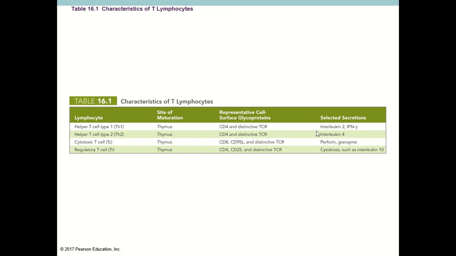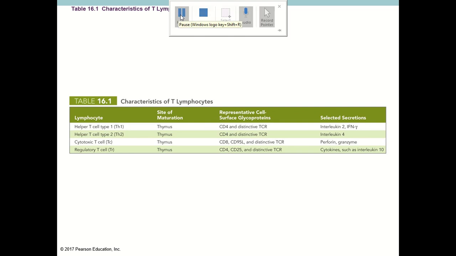The last thing from here is the secretions of these cells. Secretions range from interleukins to perforins, granzymes, and cytokines, and all of these are signaling molecules which signal the rest of the immune system to help out, or maybe induce clonal selection, so that the immune response can be completed.